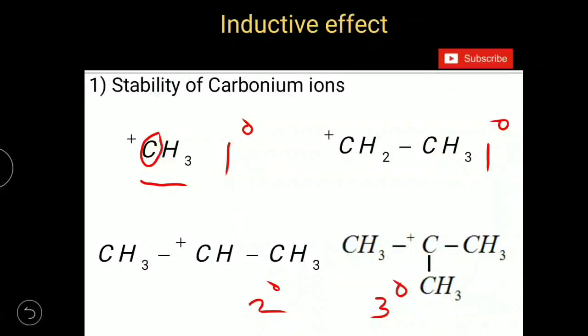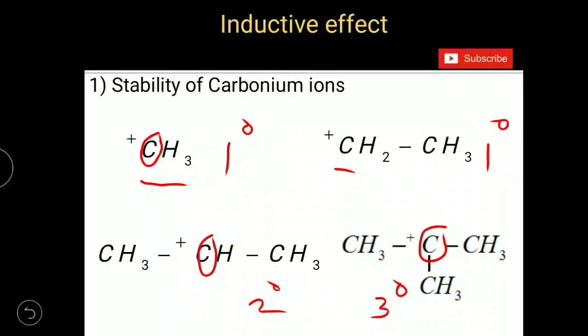And the ethyl carbonium ion has a positive charge on a carbon atom to which one other carbon atom is bonded, so it is primary. And this isopropyl carbonium ion has a positive charge on a carbon atom to which 2 other carbon atoms are bonded, so secondary. And here to the carbon atom with positive charge there are 3 other carbons bonded, so this is tertiary.